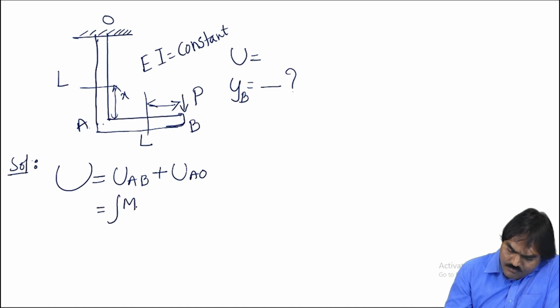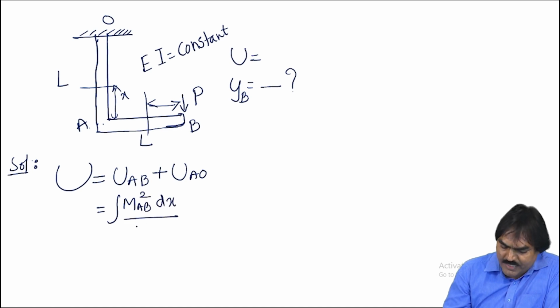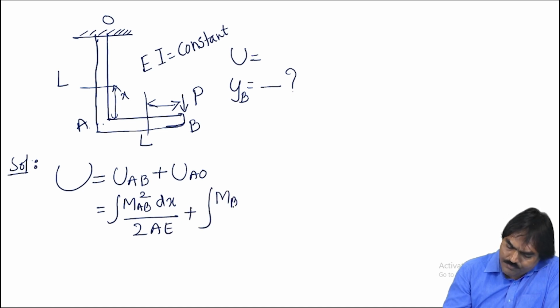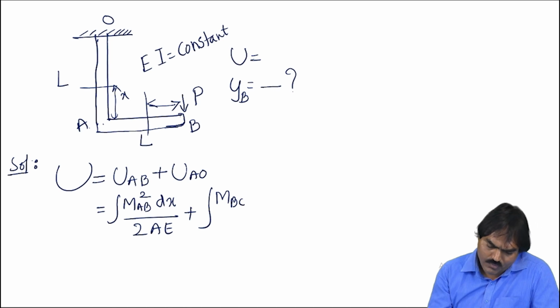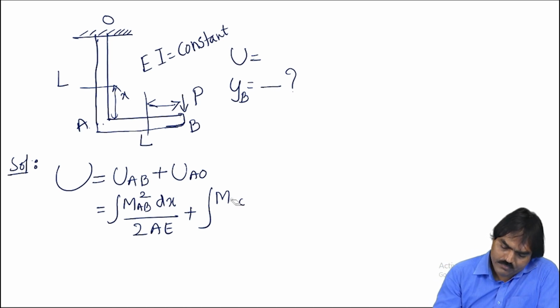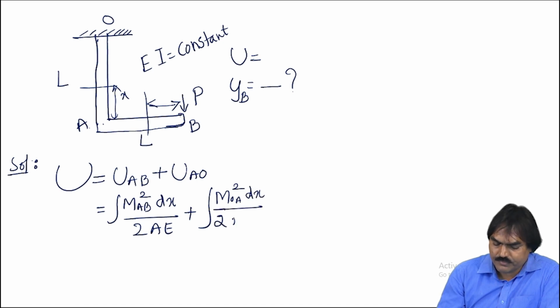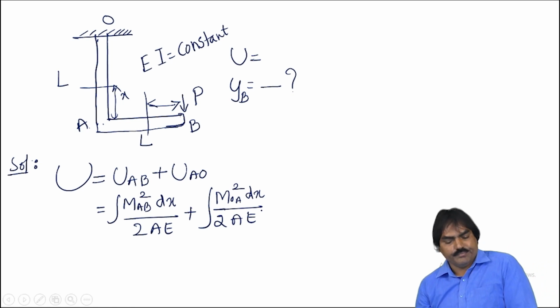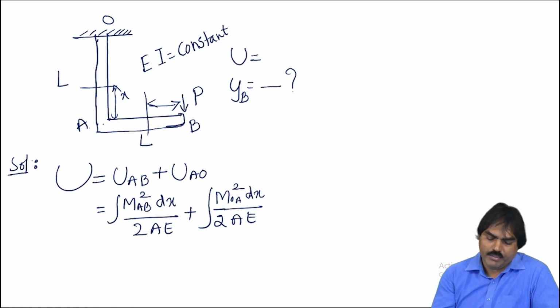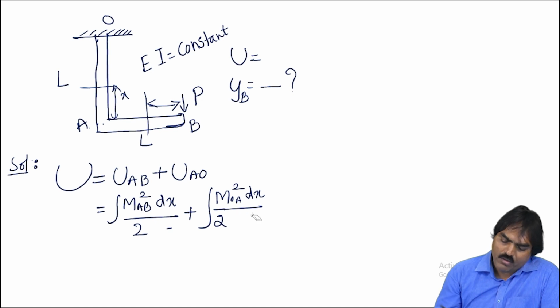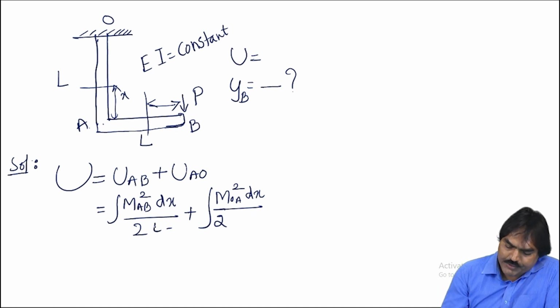That is MAB square dx by 2EI plus MOA square into dx by 2EI. Sorry, it is a beam, so it must be not the axial rigidity, it is the flexural rigidity.